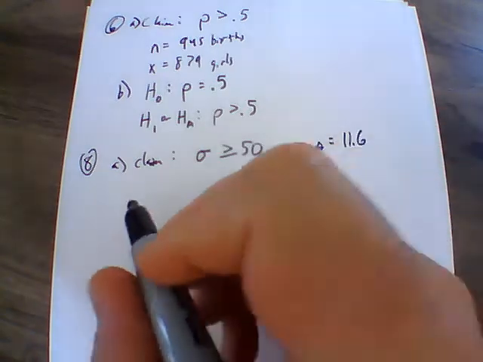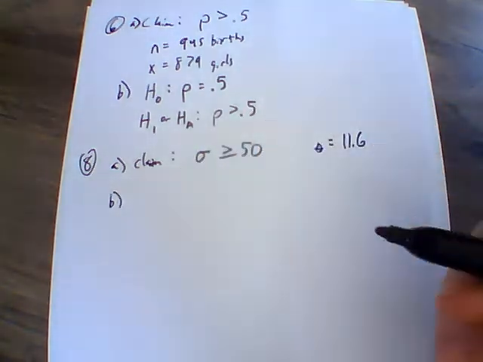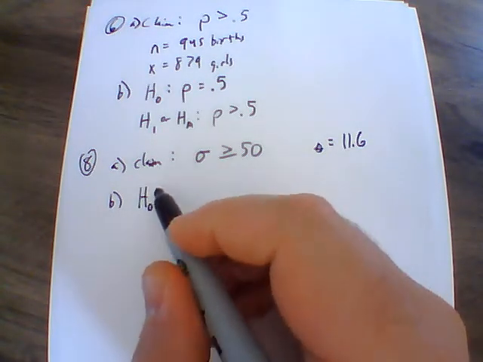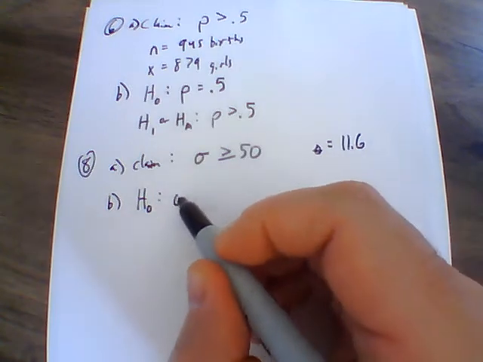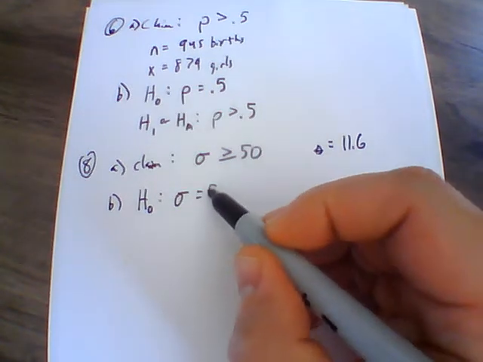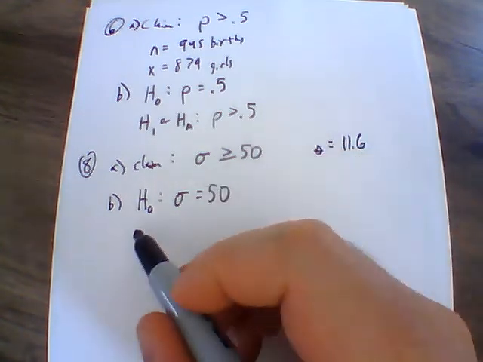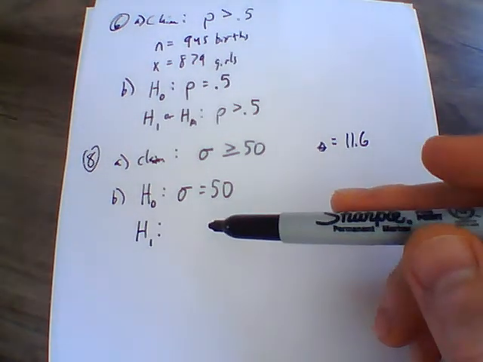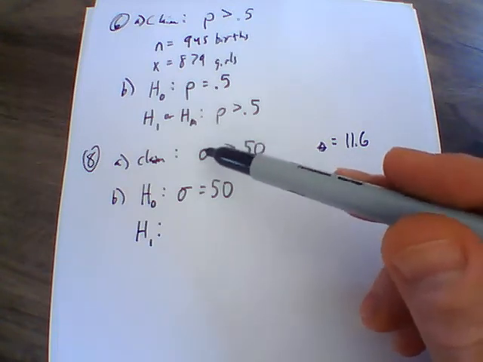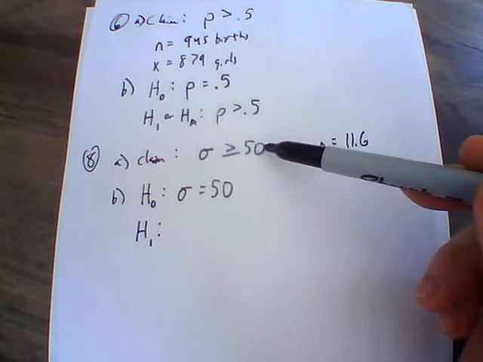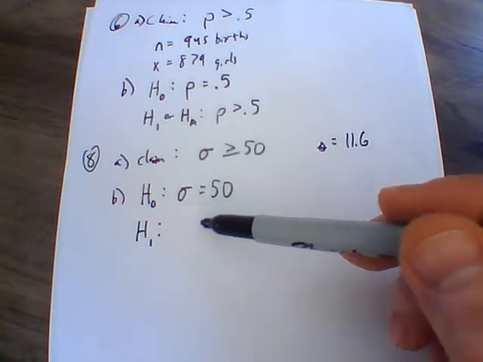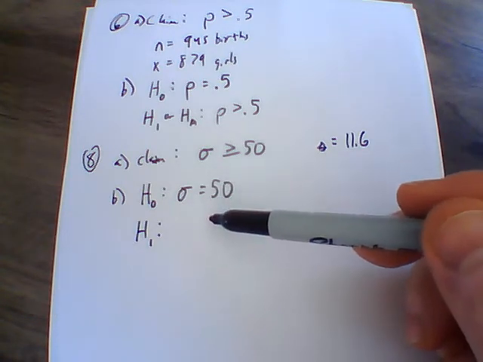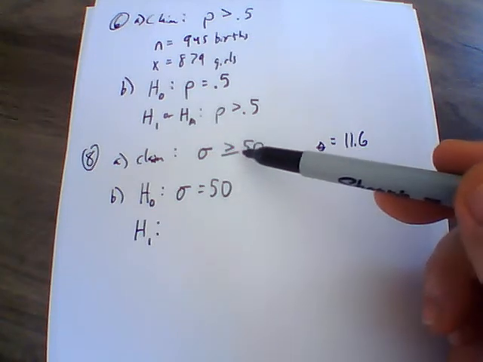We want then in part B to set up our null and alternative hypothesis. So our null hypothesis is standard deviation equals 50. On the alternative hypothesis, if our claim is greater than or equal to 50, I can't have the alternative and the null both representing the same thing.